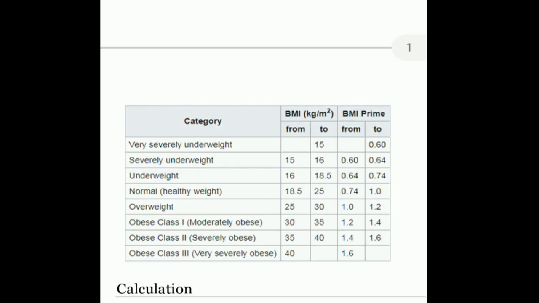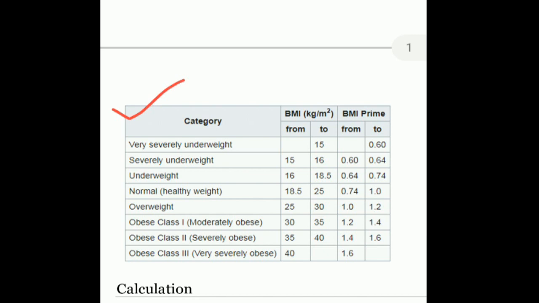From this table we will get an idea about the range of BMI according to the physical condition: very severely underweight is below 15, severely underweight 15 to 16, underweight 16 to 18.5, and obese class 1 to 3.